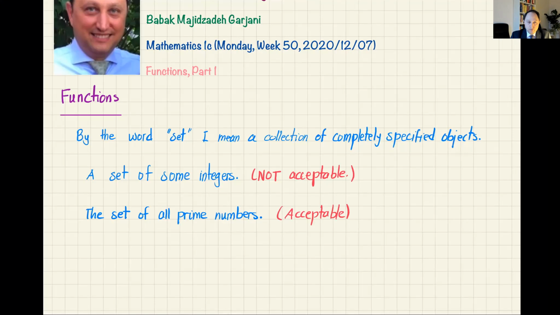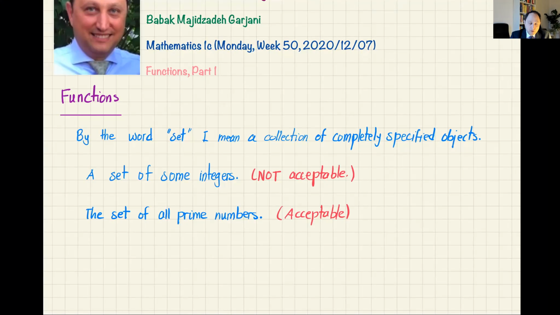Because, for example, if I ask you, do you think pencil is a member of this set, is a member of this group? You would say no, because the set consists of all prime numbers and pencil is an object which is not a prime number, so definitely that pencil does not belong to this set.